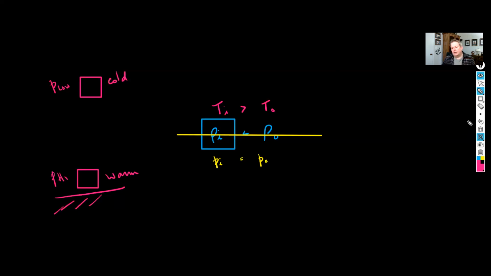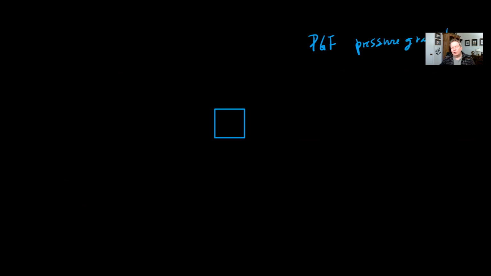Okay, now let's go and try this again. I'm going to redraw my box, and I'm going to say, okay, look, let's take a look at forces acting on the box. Now, the very first force is what we call the pressure gradient force, the PGF, pressure gradient force. Now remember, a gradient is a change of something over a distance.